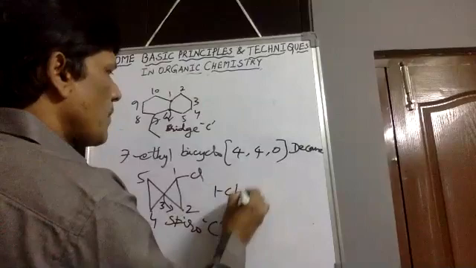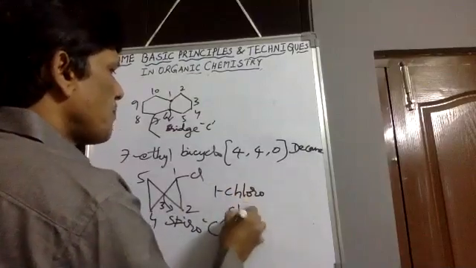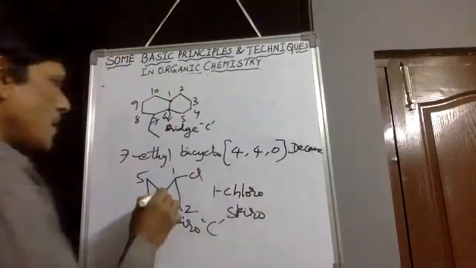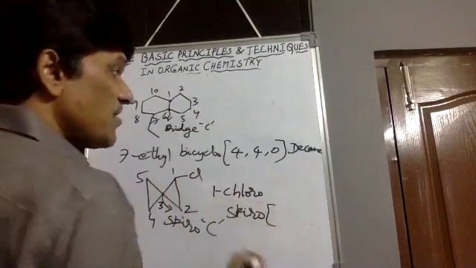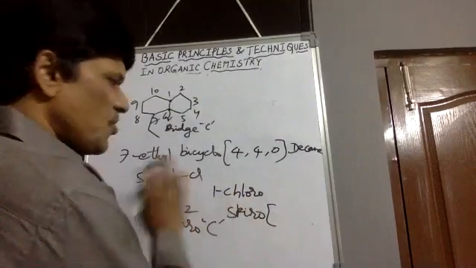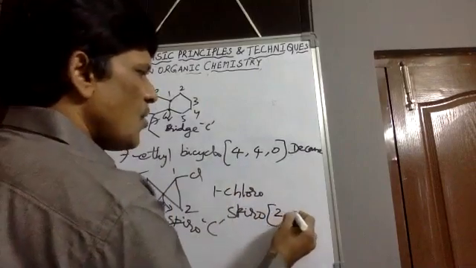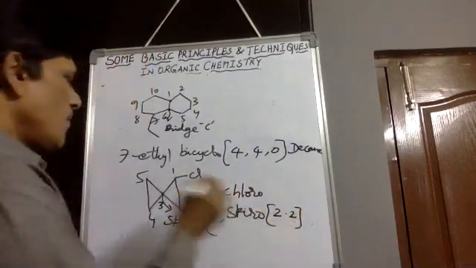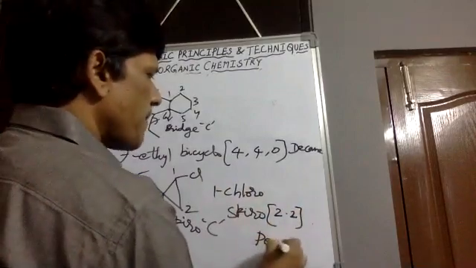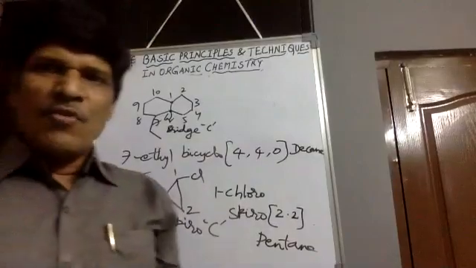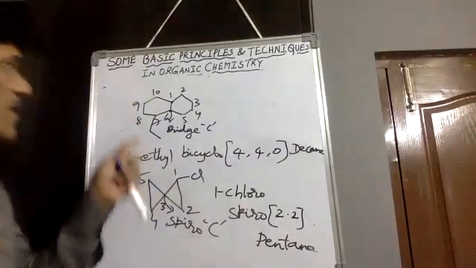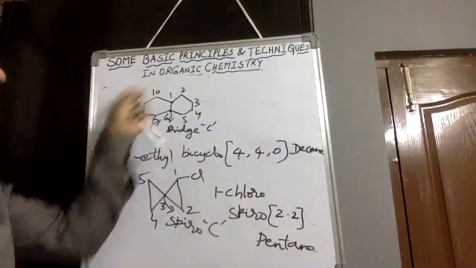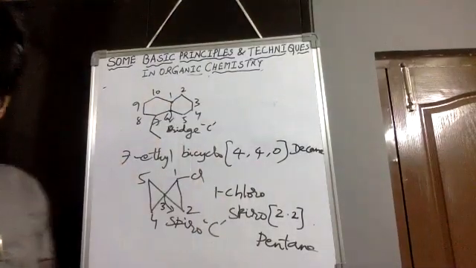Therefore, 1-chloro spiro, but there is no carbon on the spirocarbon. Therefore, 2 are there, but in ascending order we count the number of carbons. Both are the same, 2, and total 5 carbons show pentane. By this, we have to go with this kind of nomenclature for these compounds.